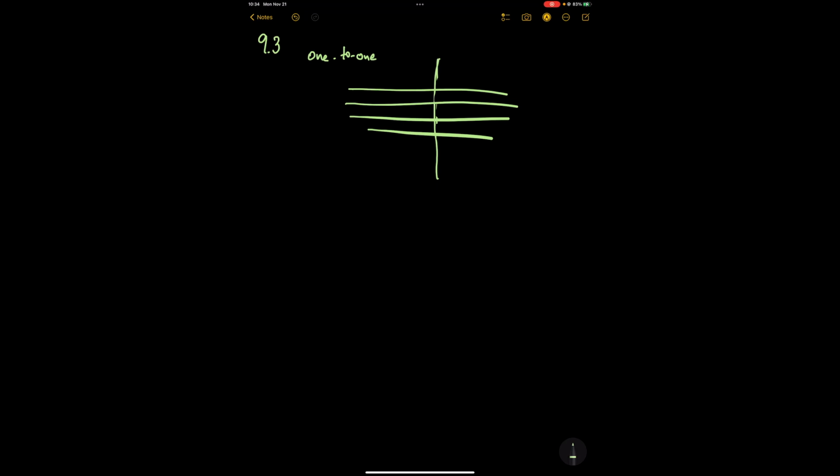If the function goes like this, and the horizontal line touches the graph at more than one point, so two points, that means it is not a one-to-one function, because a one-to-one function means for each x there is only one y, and there's only one y for each x.